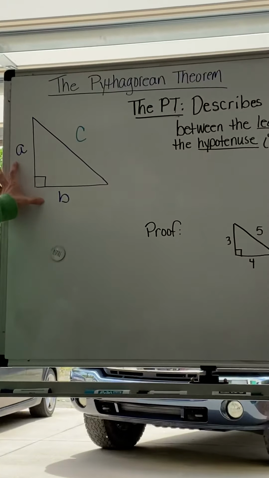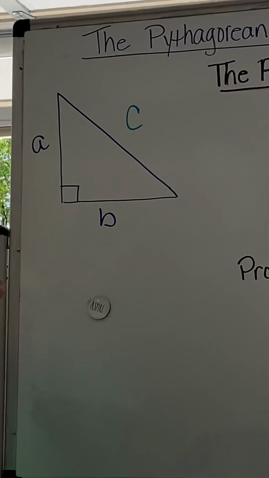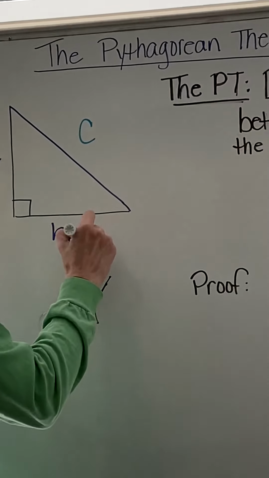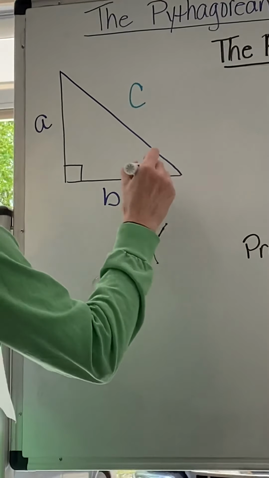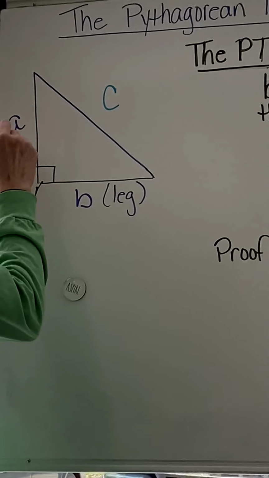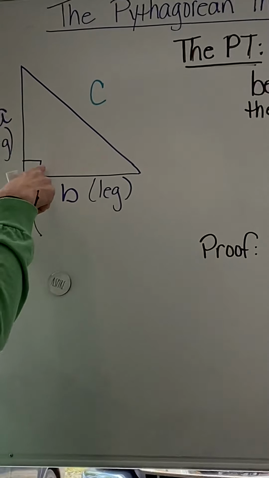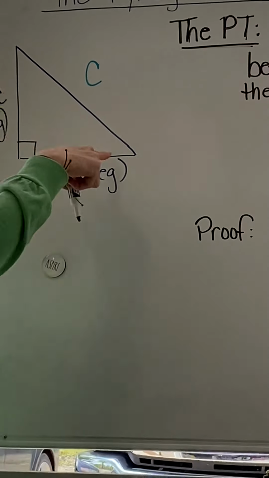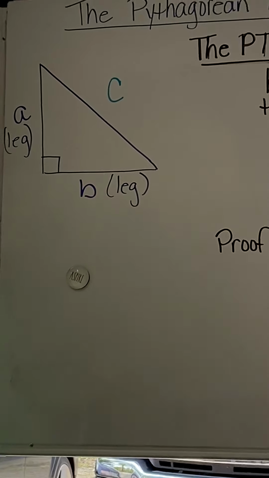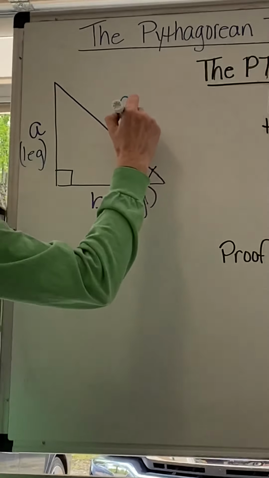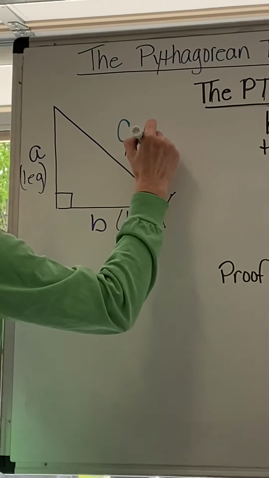The other two things are the letters A, B, and C. A and B are called the legs of the right triangle. So this is a leg and this is a leg. And the legs of the right triangle are what make up the right angle. So the sides of the right angle are going to be A and B, and that's called the legs. This side is called the hypotenuse.